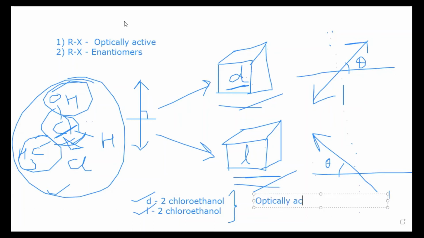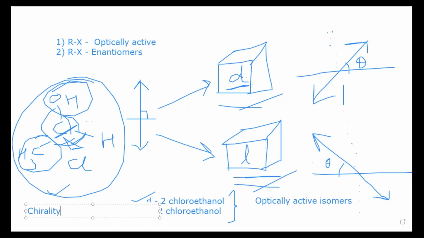Now the next question arises: how do we know whether any given compound will have optically active isomers or not? For that you have to pay attention to a concept that is known as chirality. So what is it about chirality?